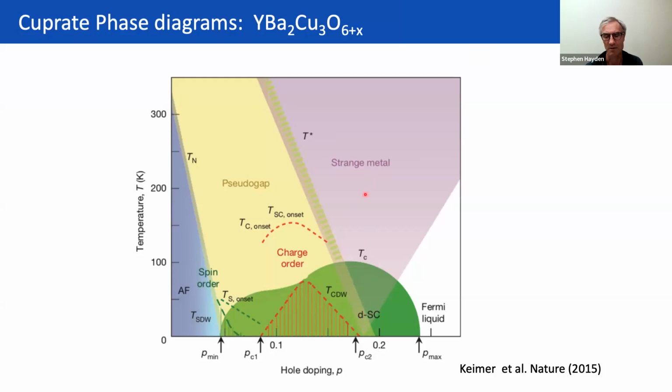And as many of you know, we see some interesting behavior around this point here, P star, where the pseudogap collapses. We see very strong linear resistivity, and we also see in some systems a rather large specific heat.